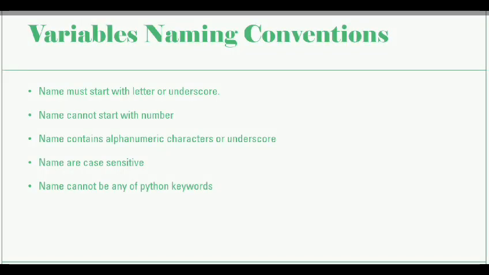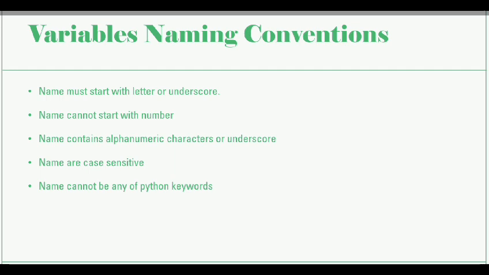At last, we will see the rules to define the variable name. So, the variable name must start with a letter or underscore character. Next, a variable name cannot start with a number. A variable name can only contain alphanumeric characters, that is capital A to Z, small a to z, 0 to 9, and underscore.